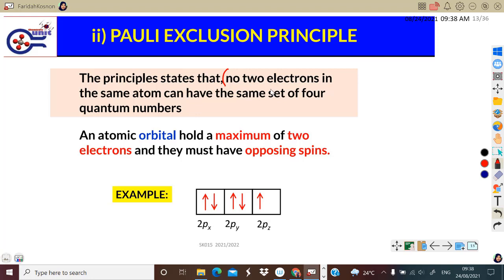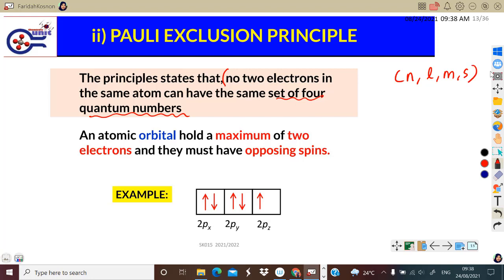Tidak ada 2 elektron dalam atom yang sama can have the same set of 4 quantum numbers. Bila kita sebut set of 4 quantum numbers, kita mesti ingat n, l, m, s.